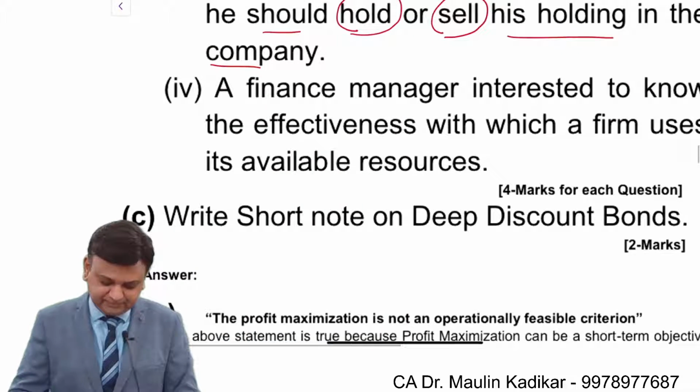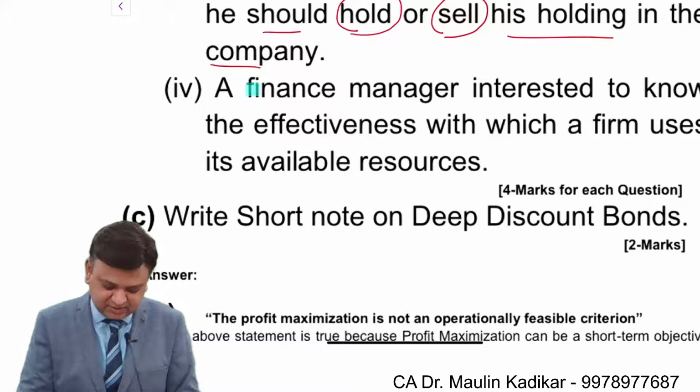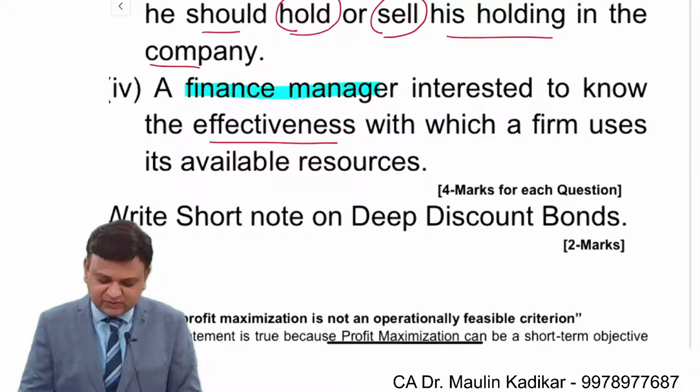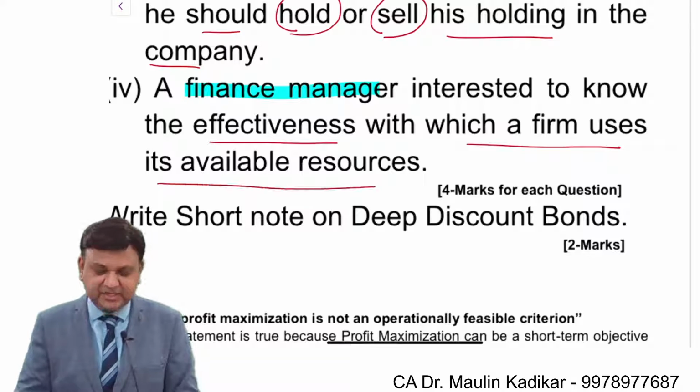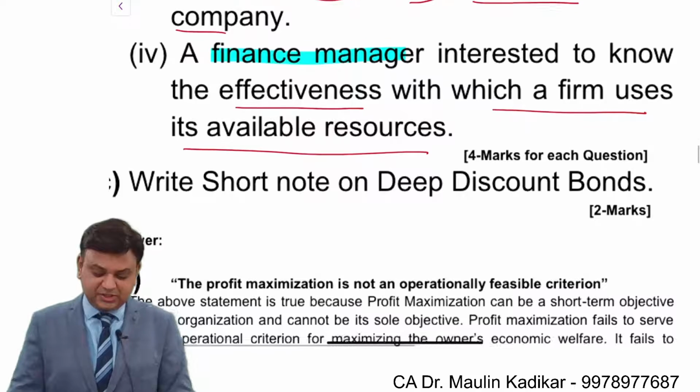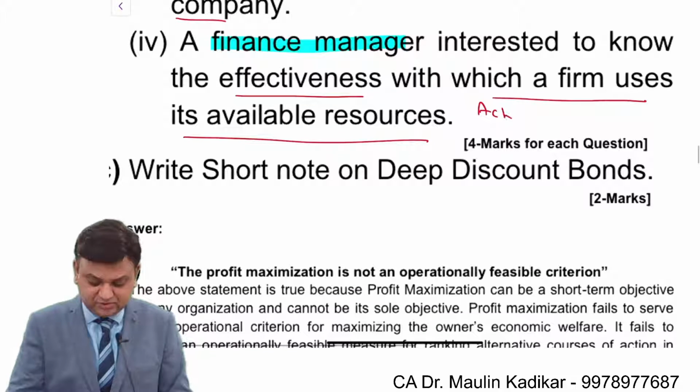Next, a finance manager is interested to know the effectiveness with which a firm uses its available resources. So the answer to this question is the activity ratios.